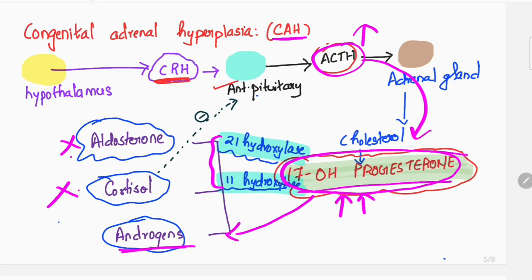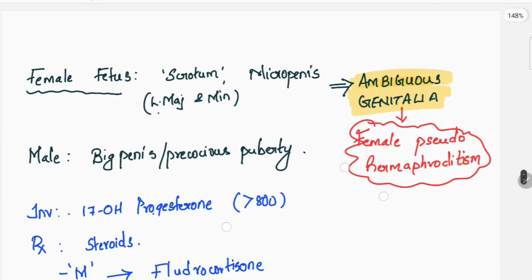Now the problem is, if a person's body gets too much androgen, it will affect the way his or her genitals will look. CAH usually affects female kids. What is the effect, guys?